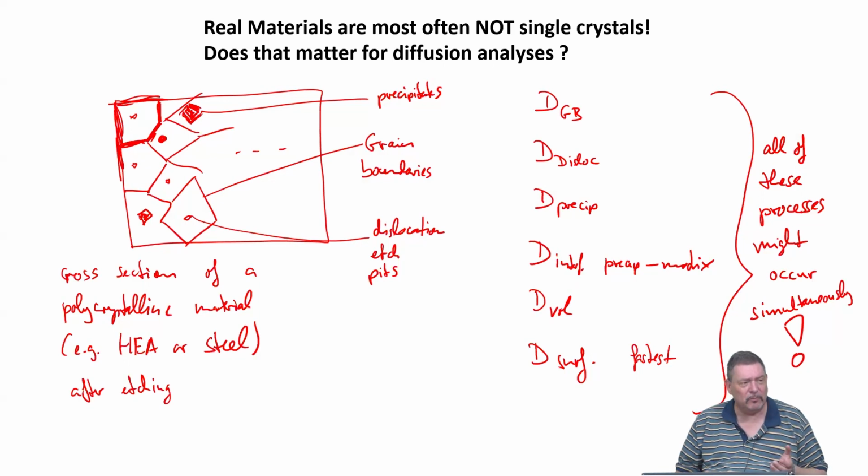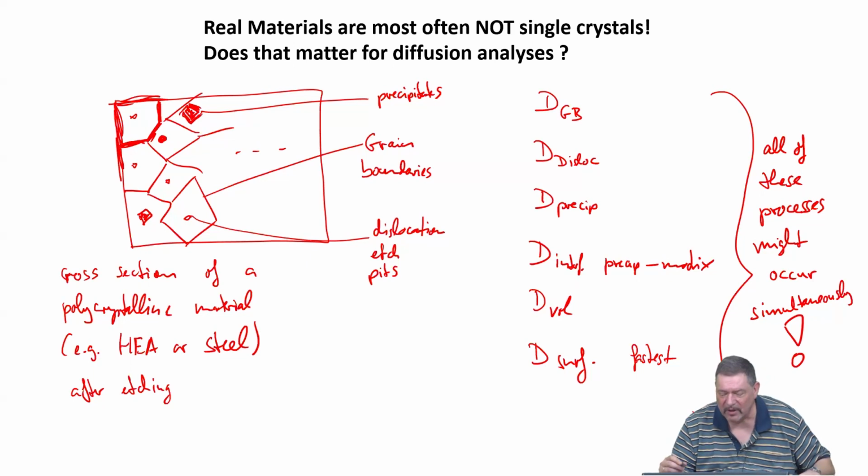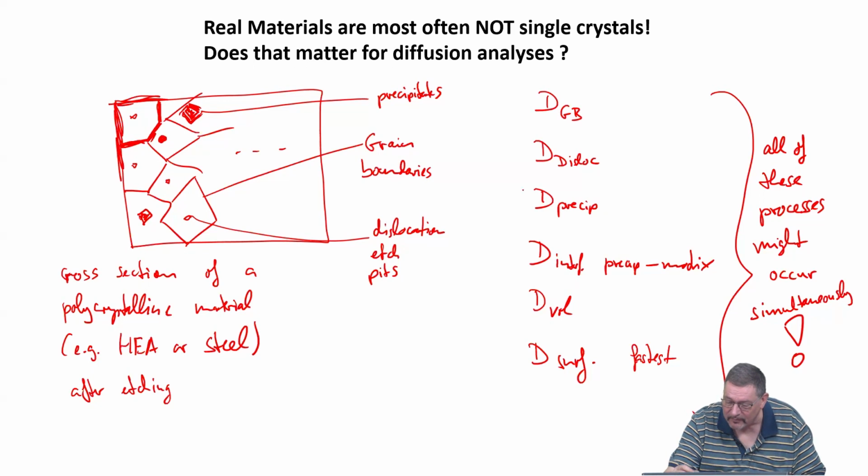But all volume diffusion processes are always the slowest compared to grain boundary diffusion, compared to dislocation diffusion, compared to diffusion along an interface between two different phases, compared also to surface diffusion. So these are volume diffusion processes.